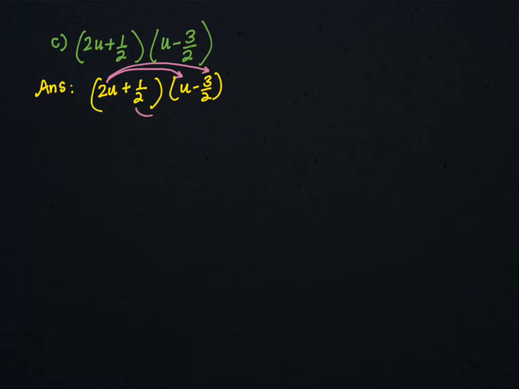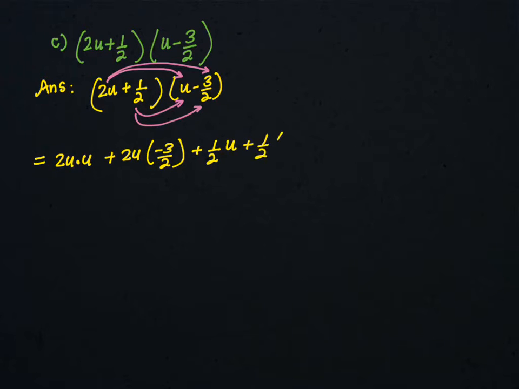Okay, so 2u times u is 2u squared, which I'll write later on, as I'm writing it out, and then after that is all simplifying. You see what I'm doing?